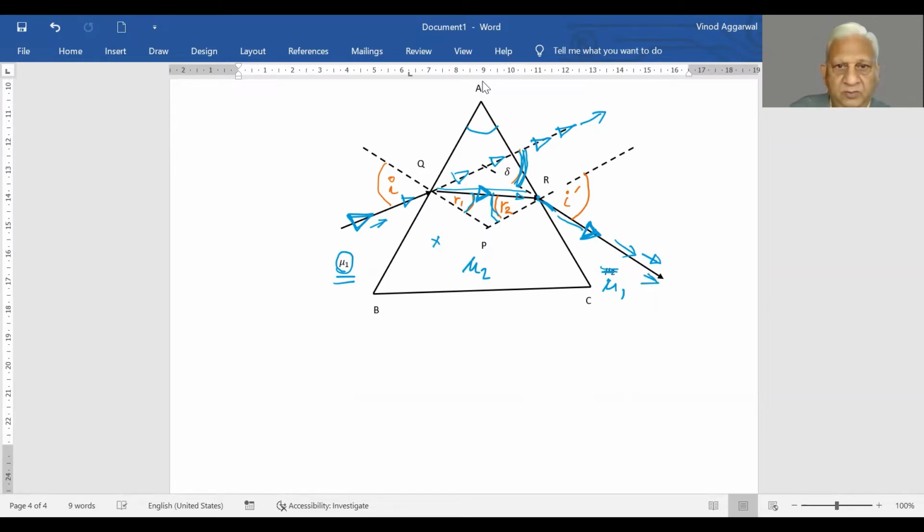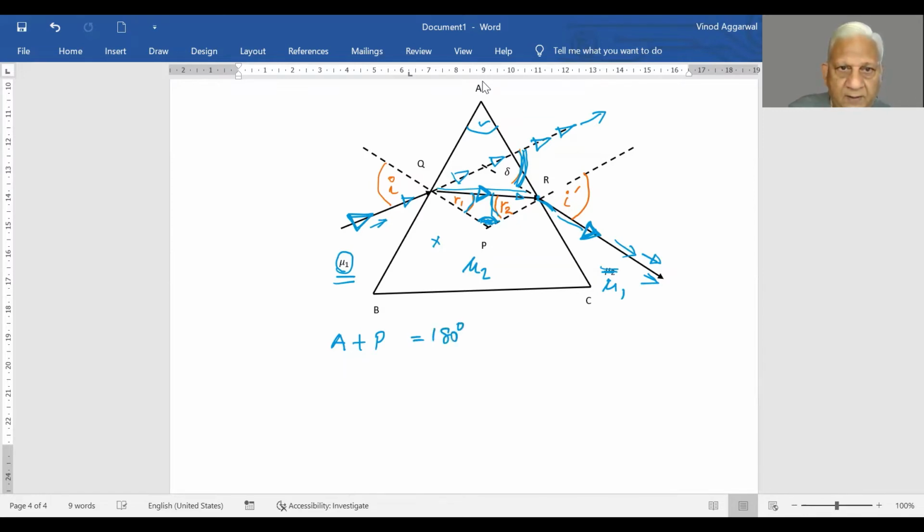Okay. And let's call this angle P. So if I write the equation only in terms of angle, angle A, which is this one, plus angle P, which is this one, is equal to 180. Why is it 180?